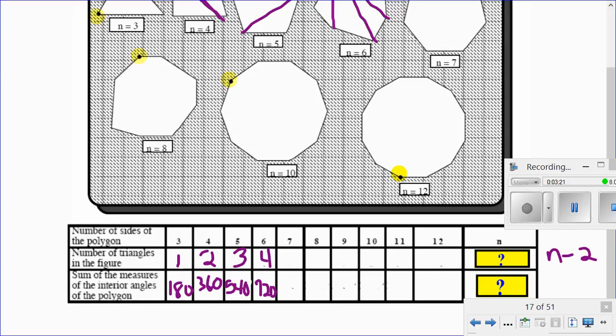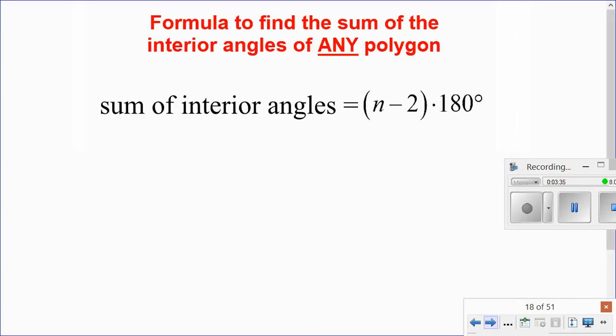In other words, n minus 2 has to be multiplied by 180 degrees to give us the sum of the measures of the interior angles of the polygon. So there's our formula. The sum of the interior angles of any polygon is n minus 2 times 180 degrees, where n, of course, is the number of sides.